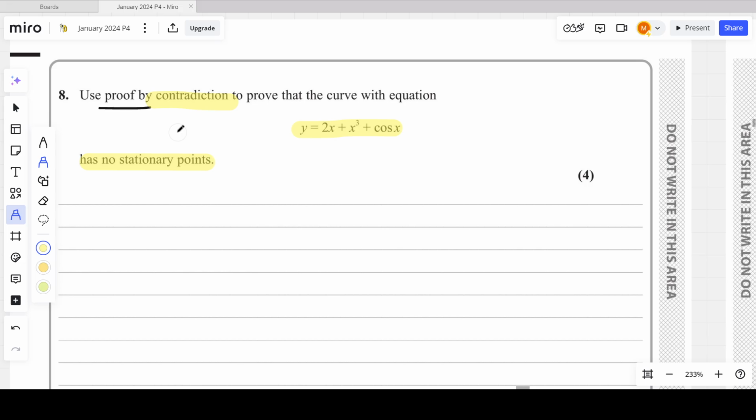After doing the workings, we will see that they are approaching something that is impossible to happen. As our assumption was the opposite, we can understand that our initial assumption was wrong.